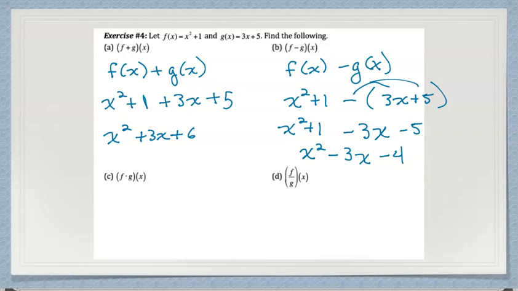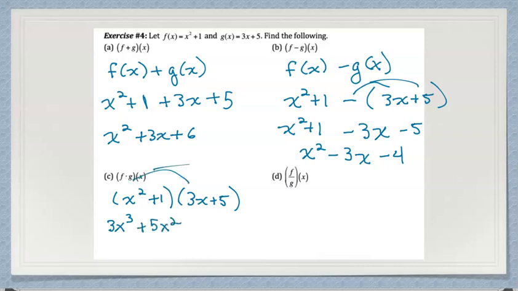If I wanted to do f times g of x, I would say, using some parentheses here, the f function is x squared plus 1. The g function is 3x plus 5. And I would use the distributive property twice and distribute this all out. So I get 3x cubed plus 5x squared, right?